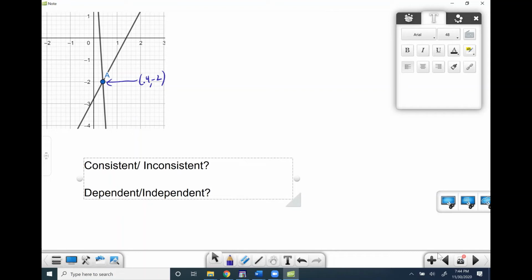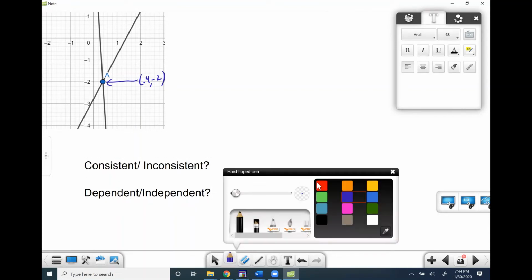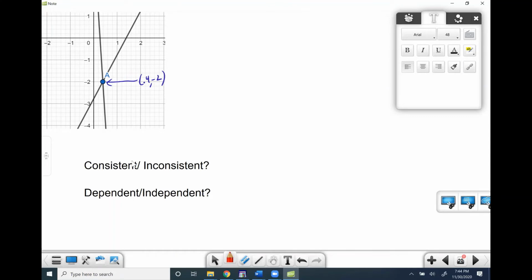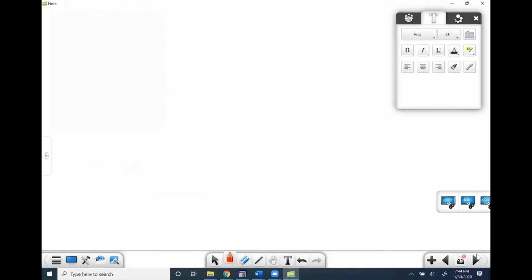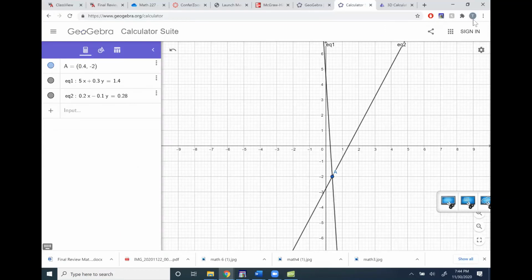All right, so what do you guys think? Consistent or inconsistent? Consistent, good. And then you even put independent also. Nailed it. Very good. Oops, I don't know why I have the blank slide right there. I'll need to leave that guy out.